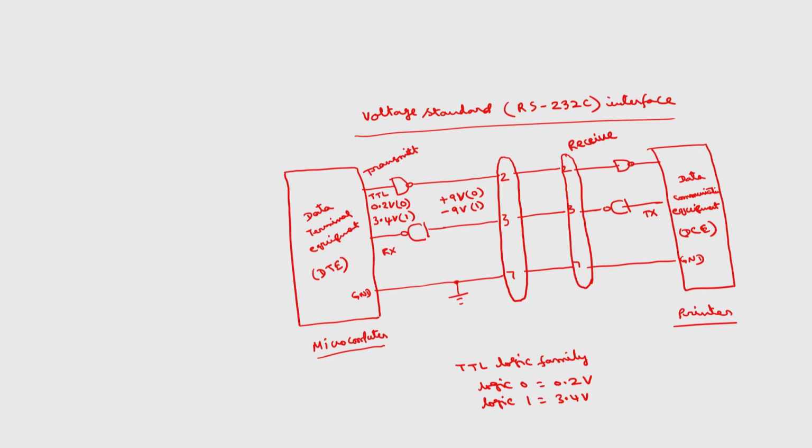In order to convert this TTL into RS-232C voltage levels, we can use a circuit called MC1488. This MC1488 converts TTL levels to RS-232C levels.